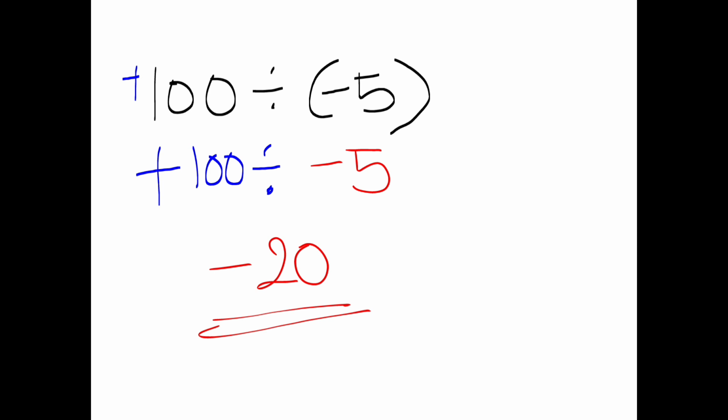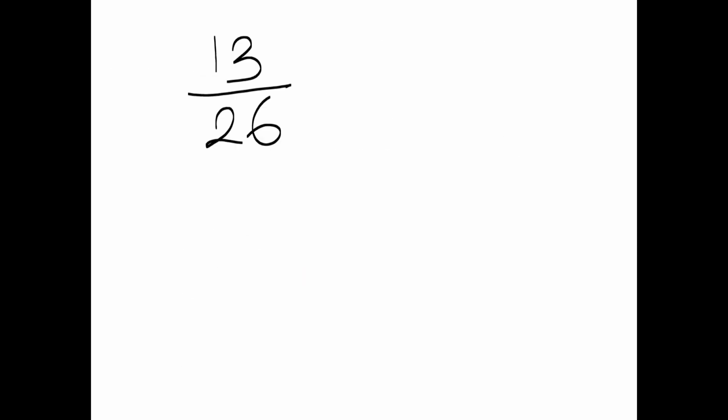Very good. Here is another simple question for us. We have 13 divided by 26. We know that the sign for 13 here is plus, and that of 26 is plus, right? Very good. So let's sort the sign first.